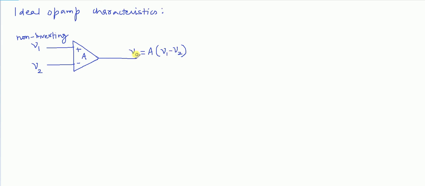This terminal is called inverting terminal. So OPAMP has non-inverting terminal, inverting terminal, and output. Apart from these two, here we have supply voltages, plus VCC and minus VCC.